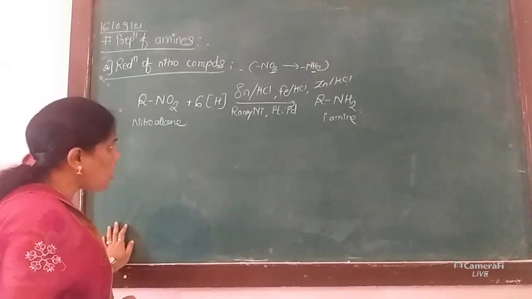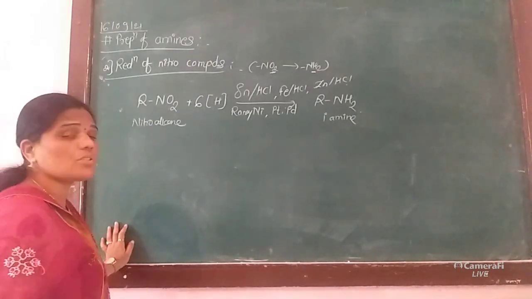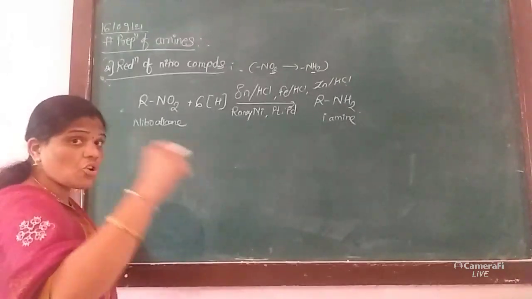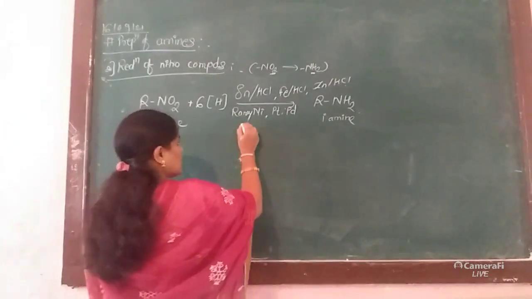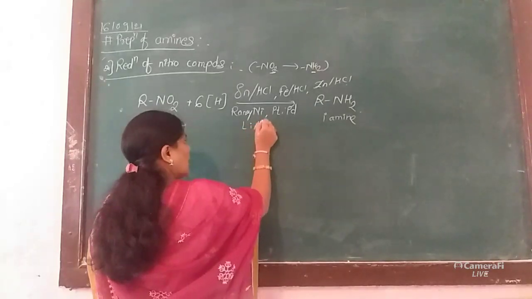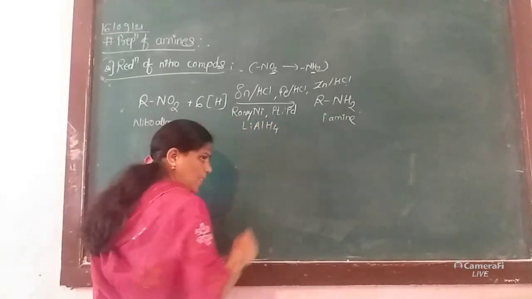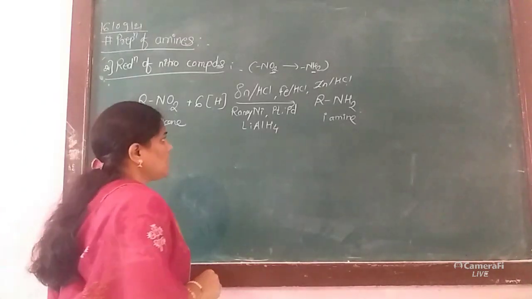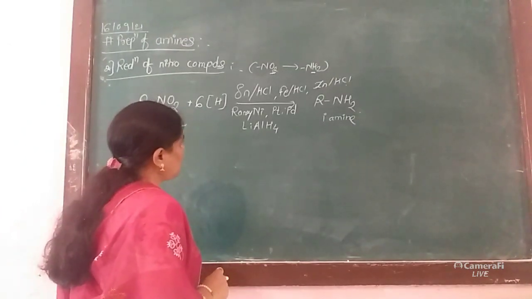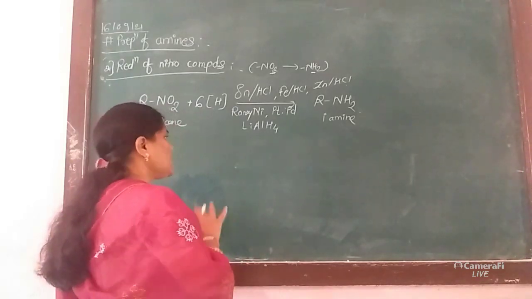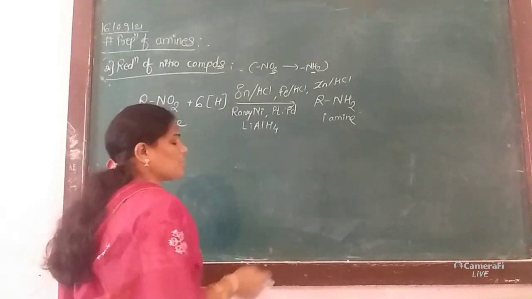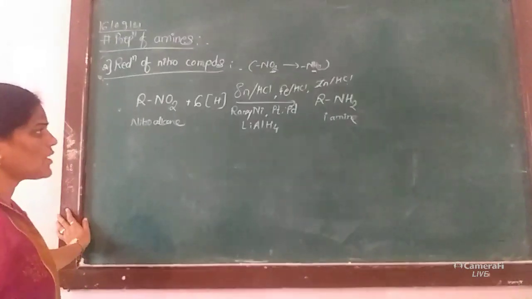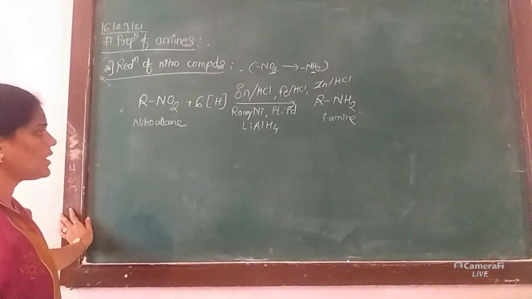Or we also use another most important, strong reducing reagent, that is LiAlH4, lithium aluminium hydride. So this lithium aluminium hydride also reduces NO2 group to the NH2 group, and the nitro compound is converted into primary amine.